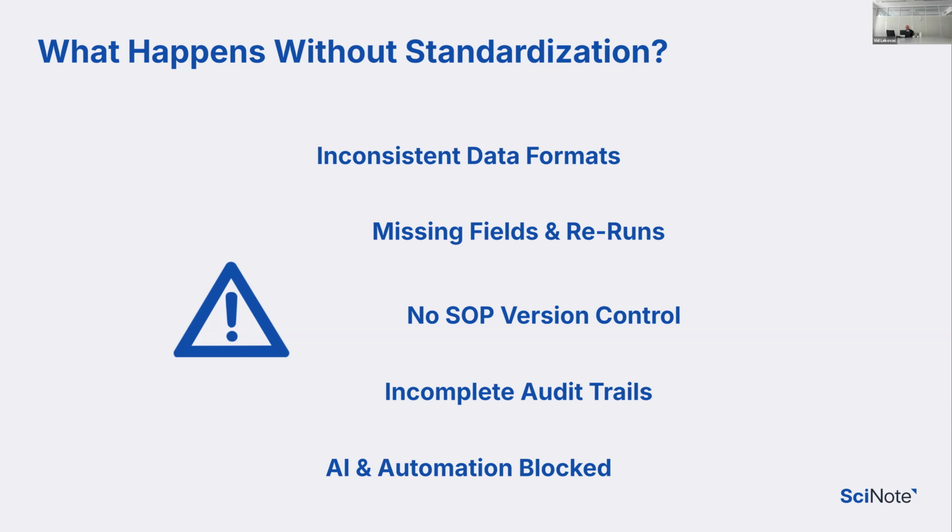You're going to miss the SOP version control. Audit trails will be lacking, so you won't be audit ready. And the last one, which is more relevant lately, is there will be some issues with AI automation. It's not going to be completely blocked, but the data will have to be cleaned and readied before AI can work with it.